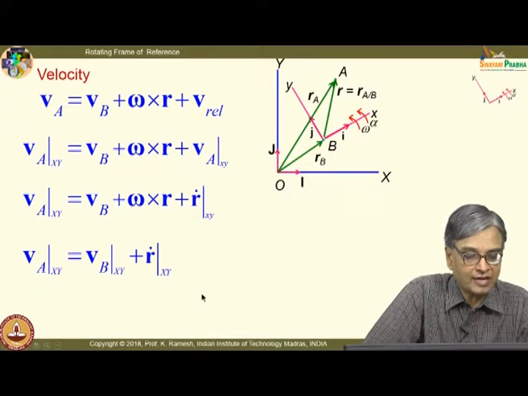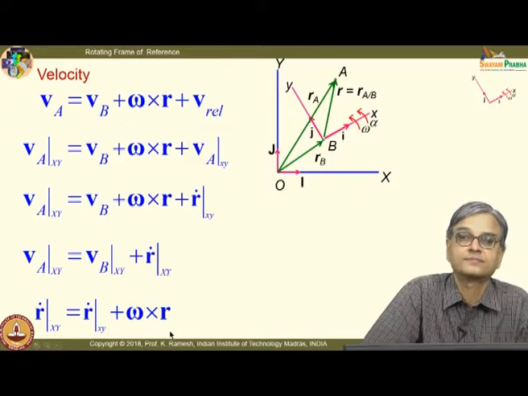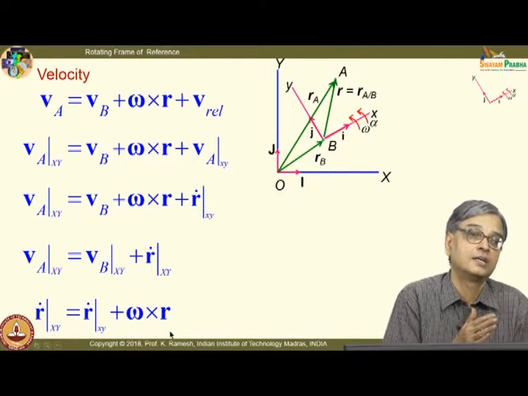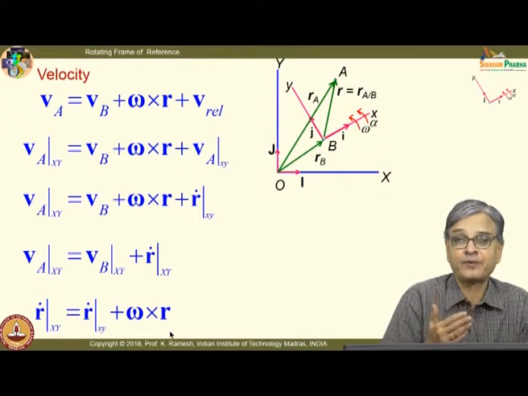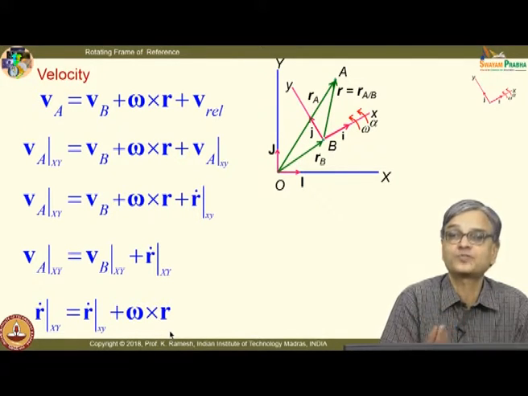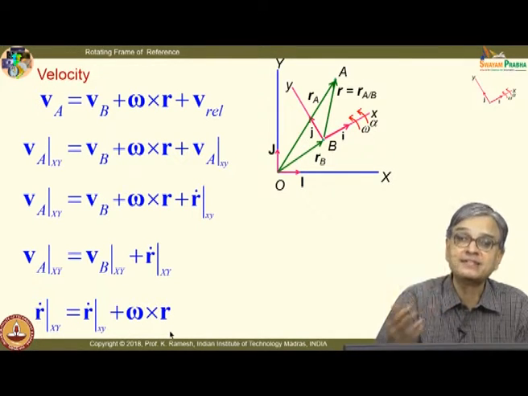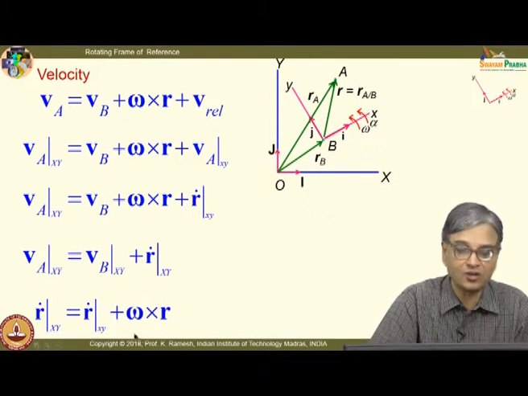From this we also get the knowledge that r dot capital XY equals r dot small xy plus omega cross r. So, what we discussed was, when I sit in the rotating frame of reference, it is easier for me to measure r dot small xy. And a person moving with the rotating frame misses the quantity omega cross r.